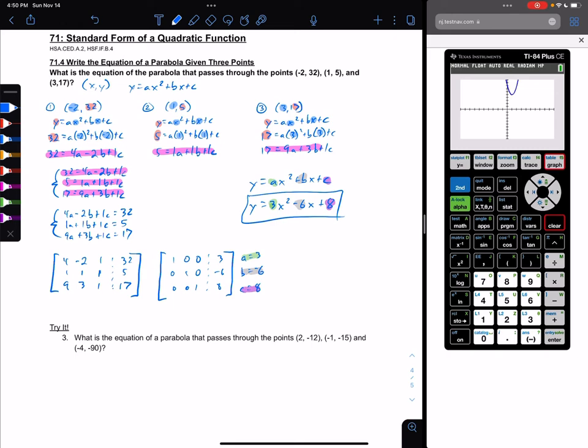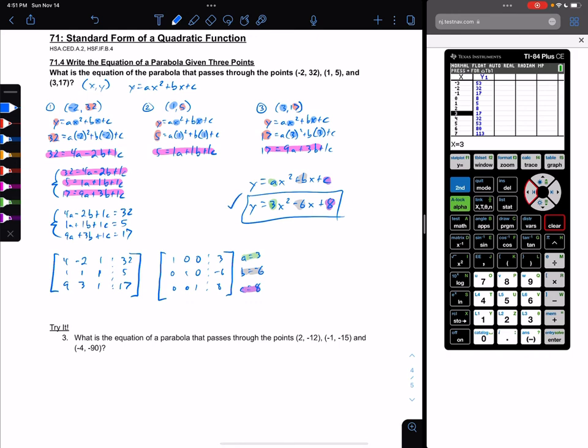I could zoom, I could trace, but let's make our lives easier. Hit second, table, and now I can scroll through and make sure my numbers match up. So -2 should match up with 32, which it does. 1 should match up with 5, it does. And 3 should match up with 17, which it does. So this checks out. Our solution is correct.